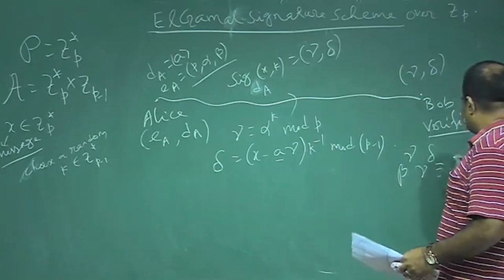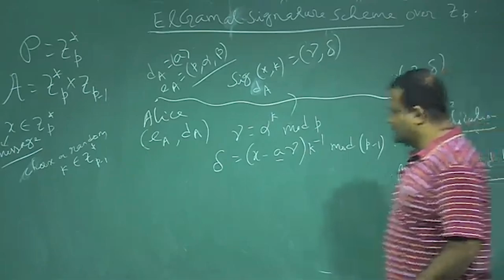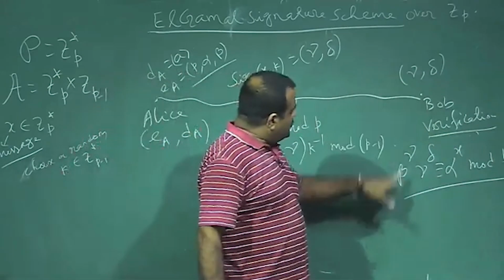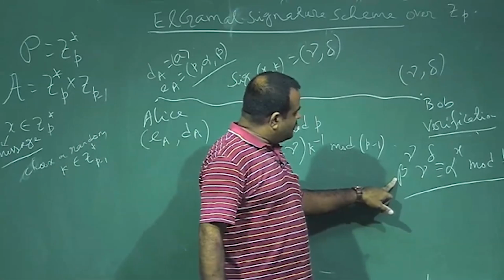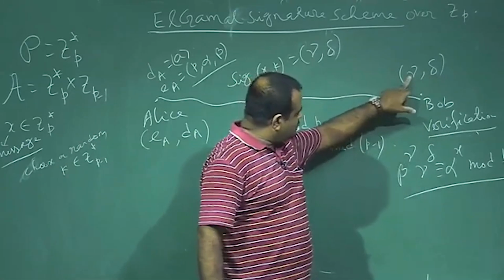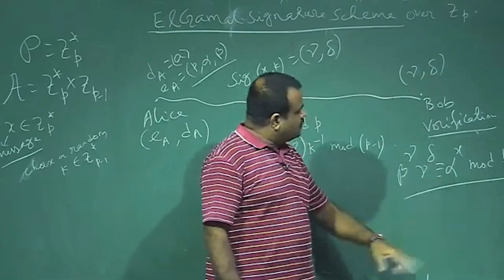If this is congruent to alpha to the power x mod p, then the verification is done. Beta is a public parameter, gamma is the signature part, and gamma to the power delta should be congruent to this.